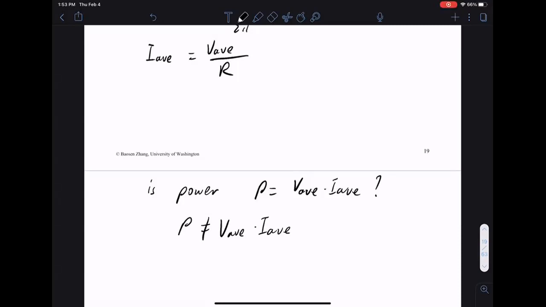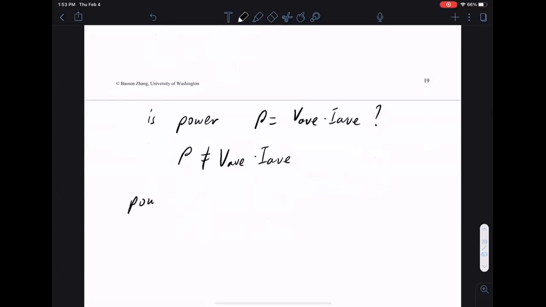So why isn't this true? The reason it's not true is that the instantaneous power is something like v(t) squared over R. Since this is not linear, you cannot take the average and then multiply.